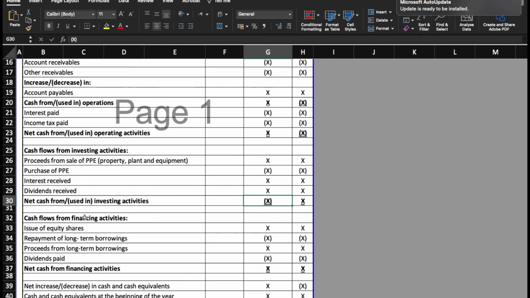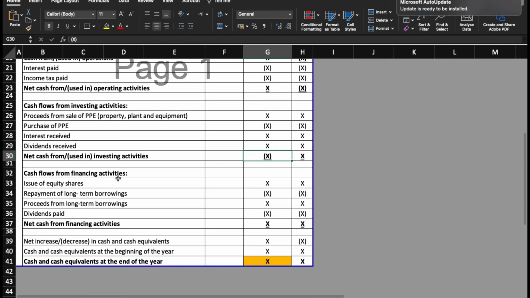Lastly, the last section would be cash flows from financing activities. Here we have some elements. Issue of equity shares: imagine shareholders issue new share capital or increase the existing share capital. It would be cash in, additional cash, and would be an addition for the financing activities.